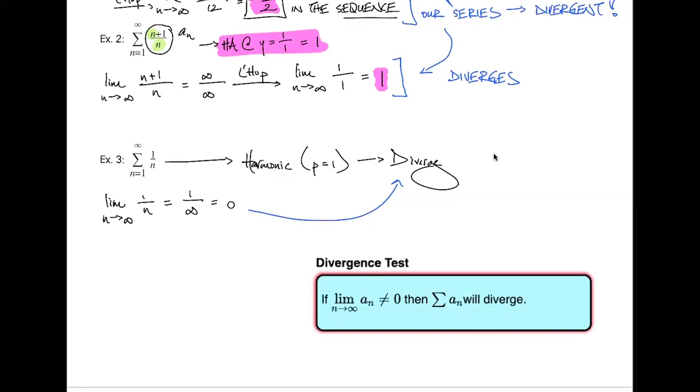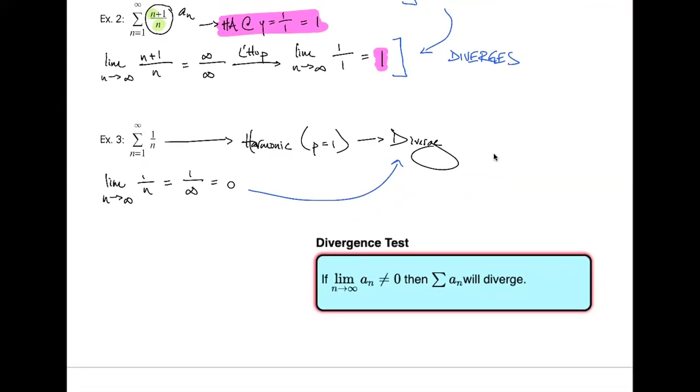But here's a second part to this, okay? Because it's important to know what it tells us, but it's also important to know what it does not tell us. If the limit as n approaches infinity of our sequence equals 0, like in example number 3, right?